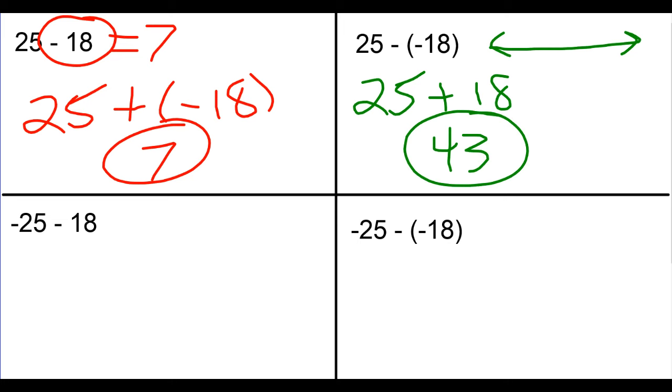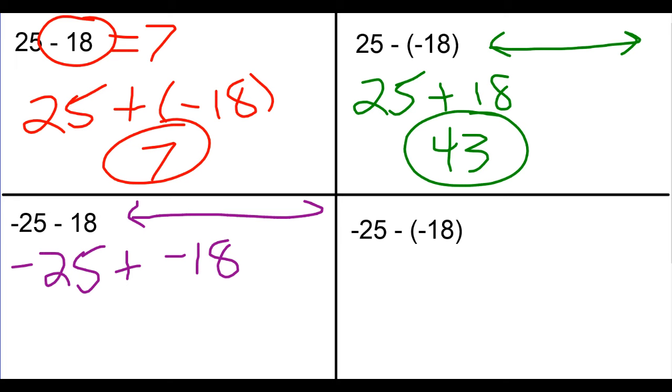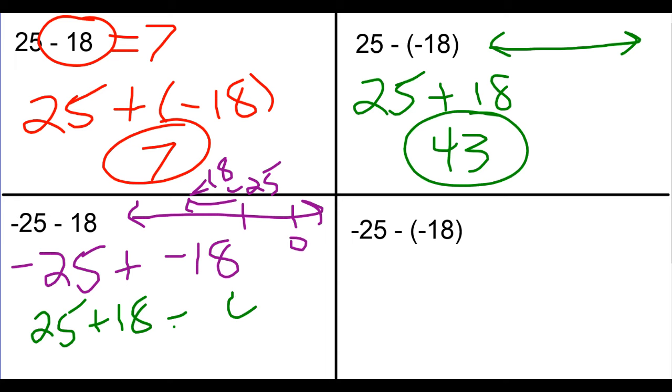For the one down in the bottom left corner, this becomes negative 25 plus negative 18. And now this is moving in the same direction away from 0 on the number line. There's negative 25. We're going to take 18 more steps that way. We're getting farther and farther away from 0, so our absolute value is getting larger and larger, which means we're going to add these two values. 25 plus 18 is 43, but because they're both negative and we're still on the negative side, that is a negative 43.